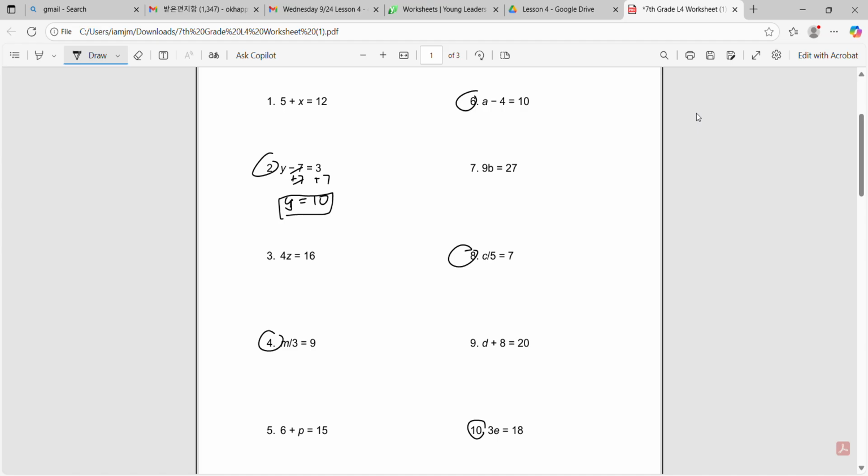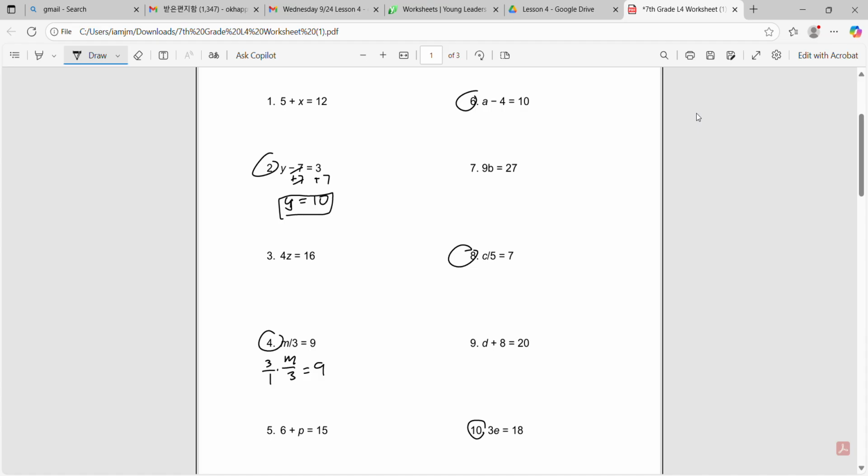Okay, for our second question, m/3 equals 9. To get rid of a fraction, to make it into a whole number, we'll have to multiply by its reciprocal. So we'll have to multiply, yeah.